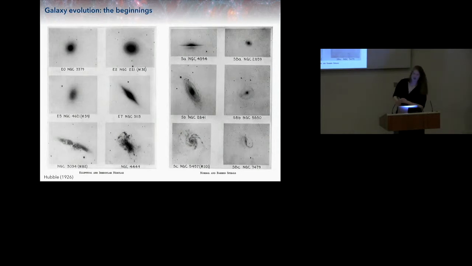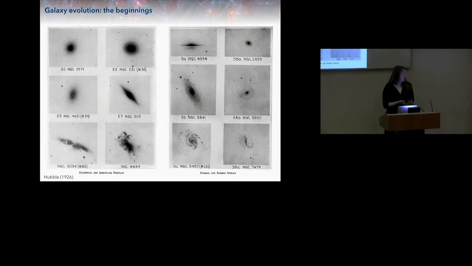I've put some pictures here that are from the seminal paper by Edwin Hubble in 1926, where he, for the first time, presented a classification scheme for galaxies. Just to put things in context, 1926 is 6 years after the great debate where the very existence of external galaxies was being debated.